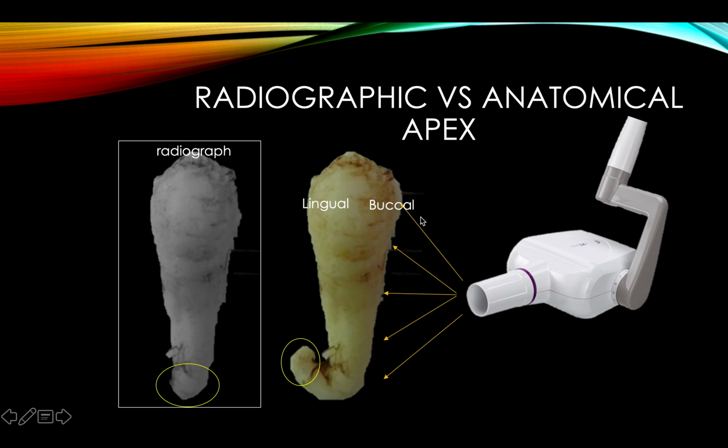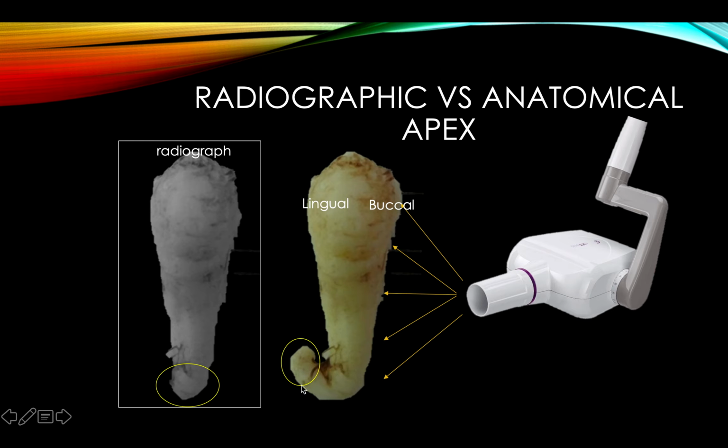Now, this is an image to represent the difference between the radiographic and the anatomic root apex. We usually take radiographs with the X-ray source coming from the buccal direction of the tooth.